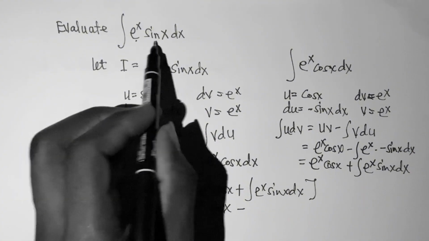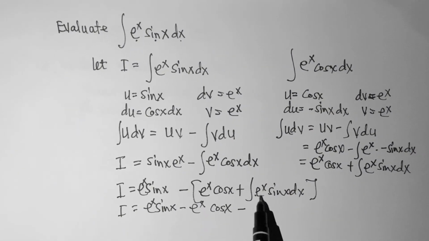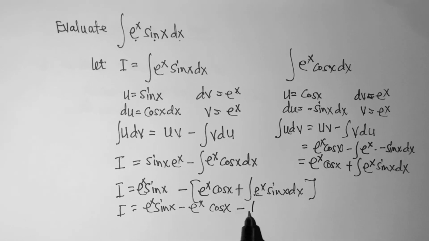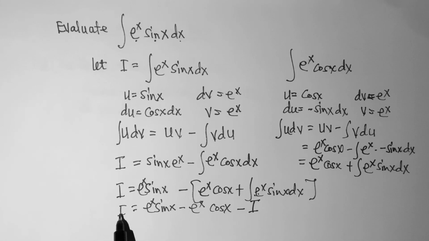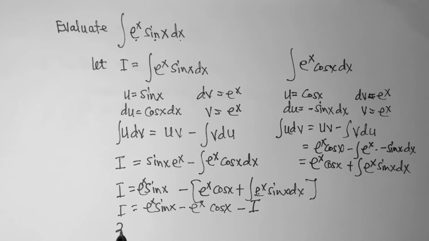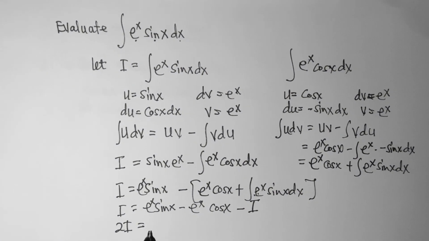now see, we started with exponent x sine x dx, and we said that is I. It's the same thing here, exponent x sine x dx. So minus I. So if we bring this I here, it becomes 2I, making I the subject. So 2I is equal to, now let's factorize exponent x out.